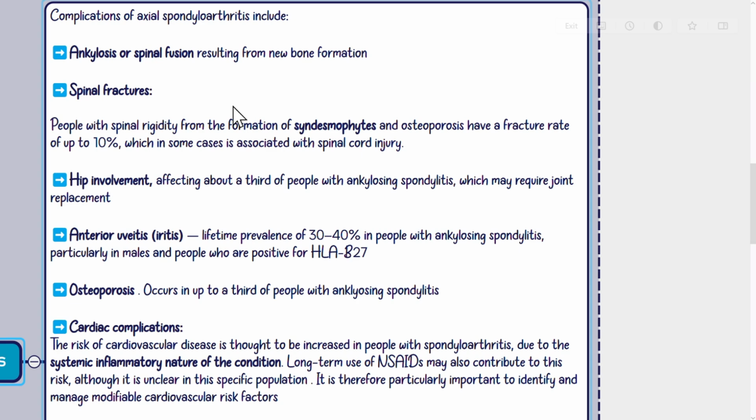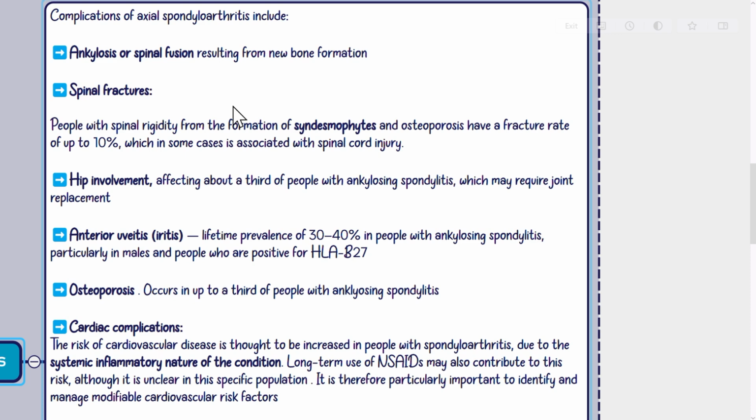Hip involvement, affecting about a third of people with ankylosing spondylitis, which may require joint replacement. Anterior uveitis, iritis, lifetime prevalence of 30 to 40% in people with ankylosing spondylitis, particularly in males and people who are positive for HLA-B27. Osteoporosis occurs in up to a third of people with ankylosing spondylitis.